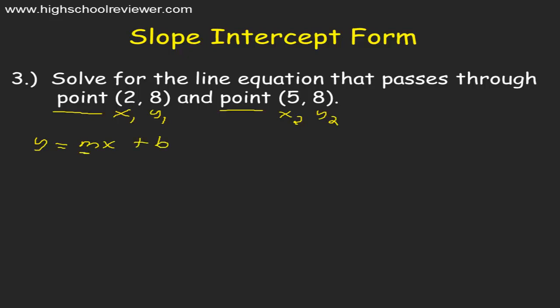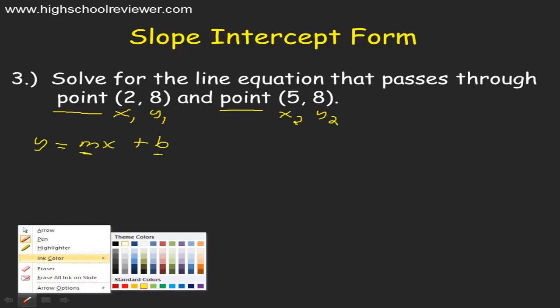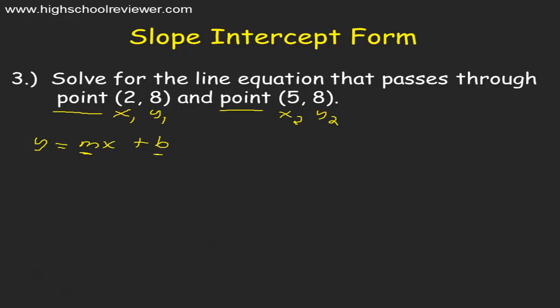So m here is the slope and b is the intercept. So first, we need to find the value of m, or the slope. So we know that the equation for the slope, or m, is y sub 2 minus y sub 1 all over x sub 2 minus x sub 1.